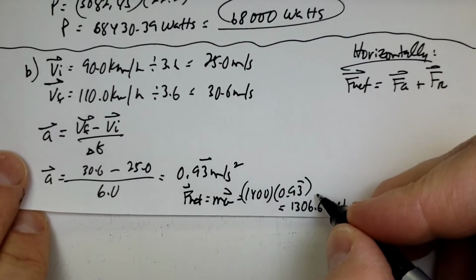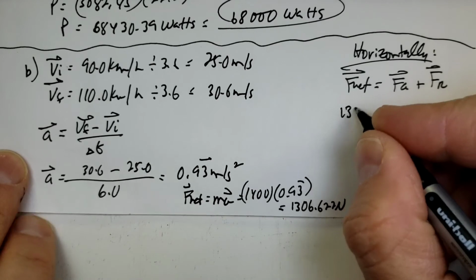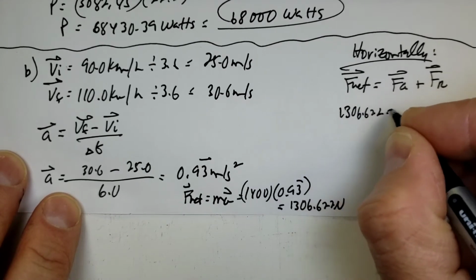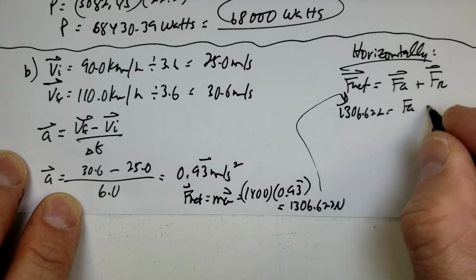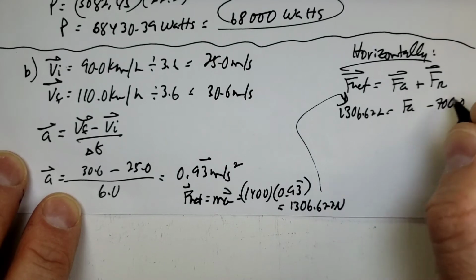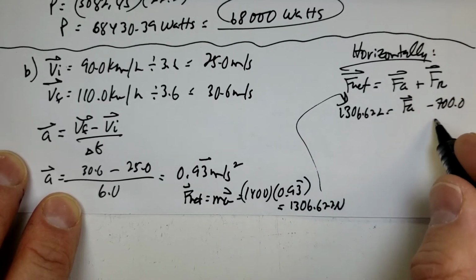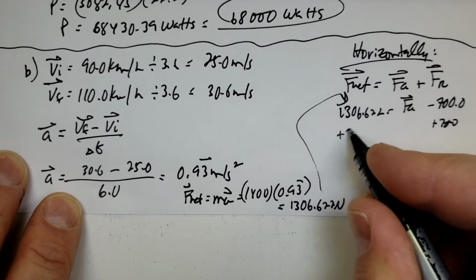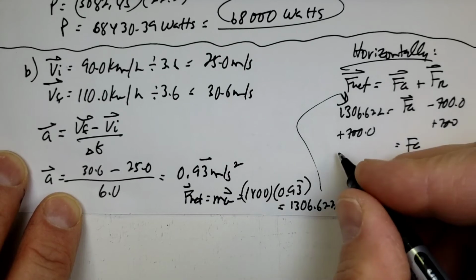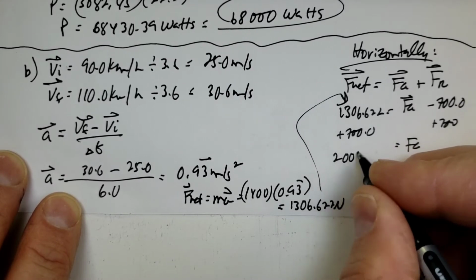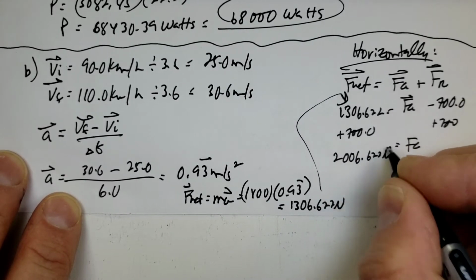So F net, it looks like I am accelerating, so I have to plug in that number there. And of course, force is working against me, 700. So add 700, add 700. FA is equal to 2,006.622.